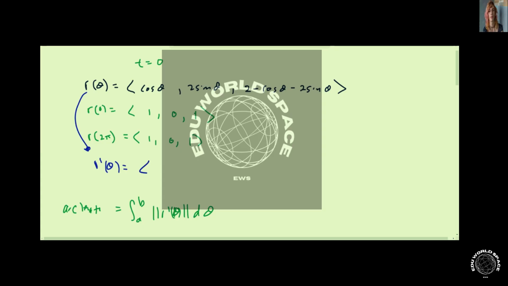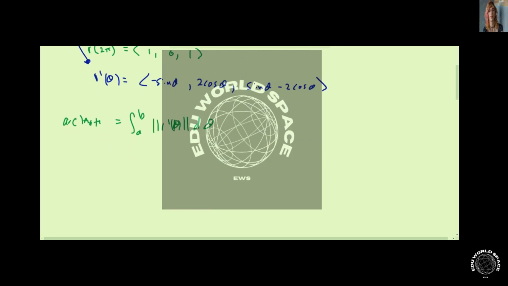So r prime is going to be, well, we just take the derivative component-wise. So cosine becomes negative sine, sine becomes cosine, and then the derivative of the last component's constant is 0. The derivative of cosine is negative sine, so that would be just sine of theta, and then minus 2 cosine of theta. Right. And now remember, our magnitude is just going to be where we square all of these.